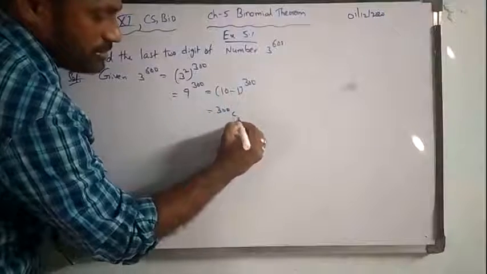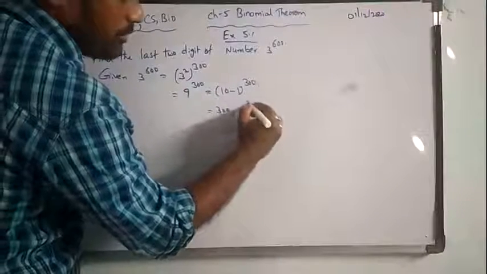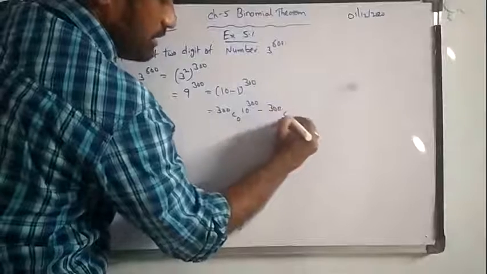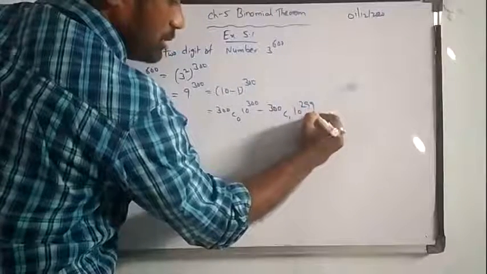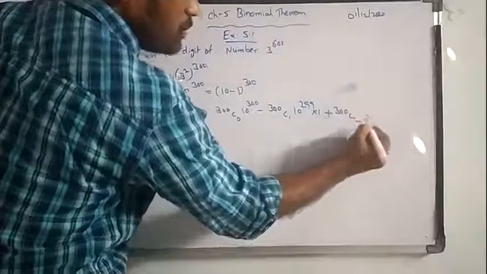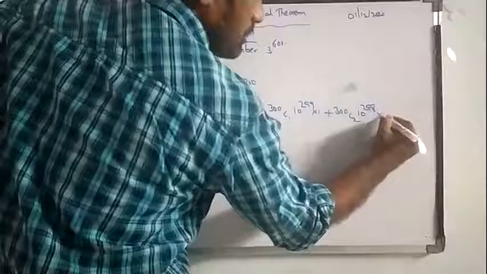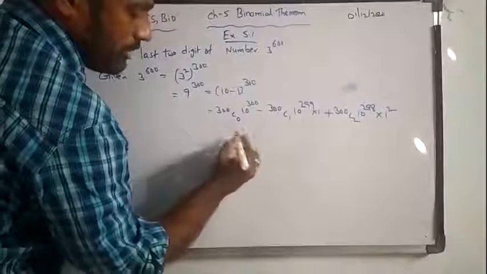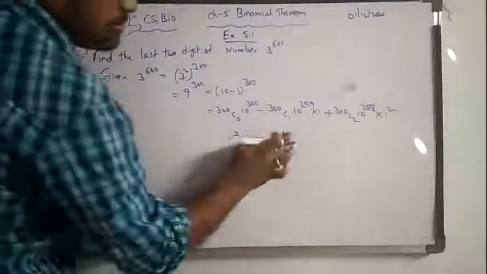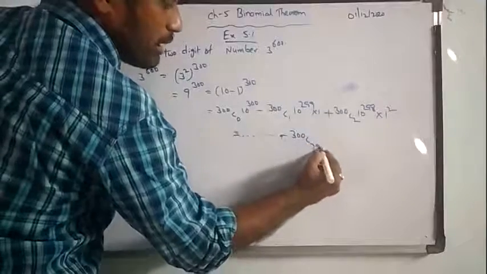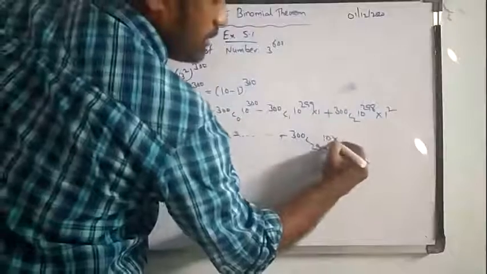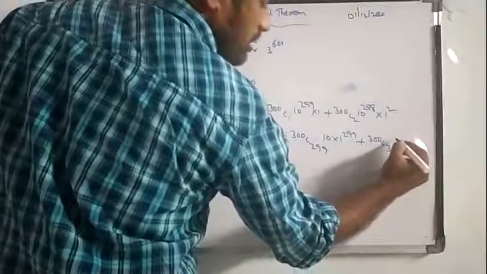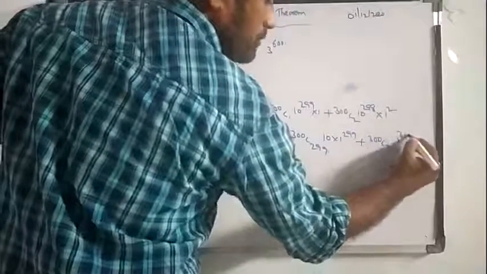So 300C0 10 to the power of 300 minus 300C1 10 to the power of 299 into 1 plus 300C2 10 to the power of 298 into 1 square plus so on, minus 300C299 10 into 1 to the power of 299 plus 300C300 into 1 to the power of 300.